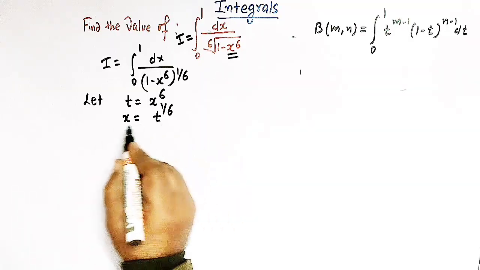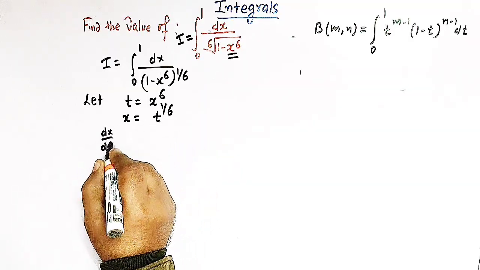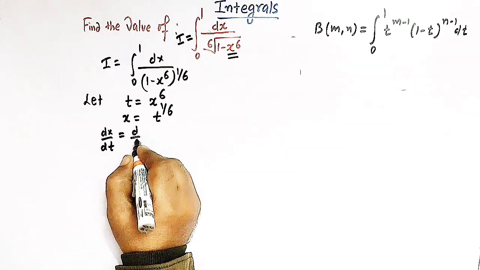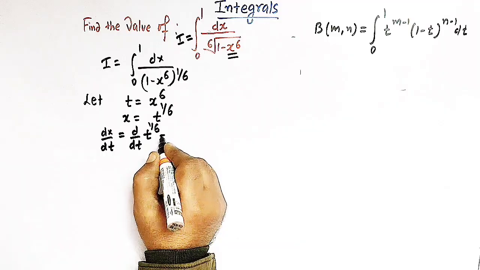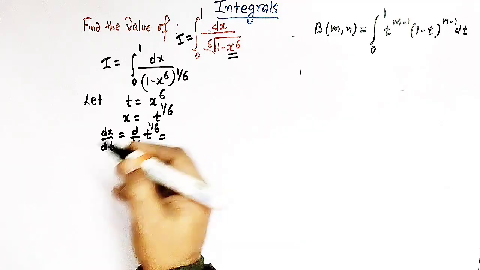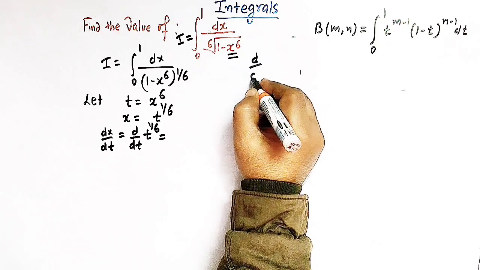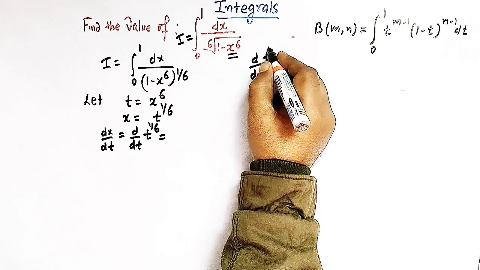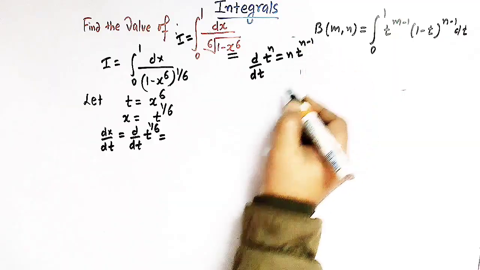Now let us differentiate x with respect to t. So we can write dx over dt is equal to d by dt of t raised to 1 over 6. Using the power rule, the derivative of t raised to n is given by n times t raised to n minus 1.